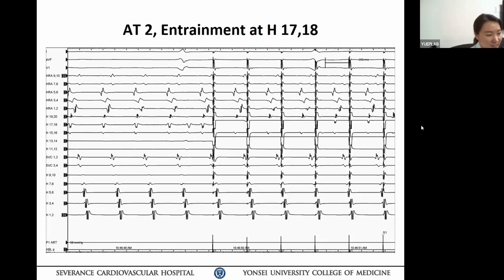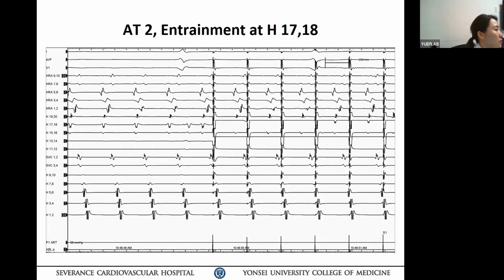Okay, so it looks like the entrainment pacing. My practice is multi-site pacing and estimating what the circuit is, and then a high density 3D map is very useful.